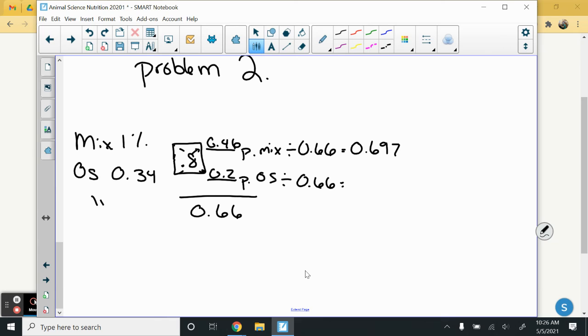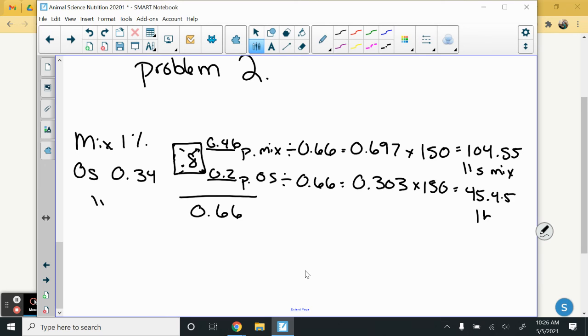It's going to give me 0.303 for the oat silage. I multiply each of those by 150. I'm going to end up with about 104 pounds, say 104.55 pounds of mix, and I get 45.45 pounds of oat silage.